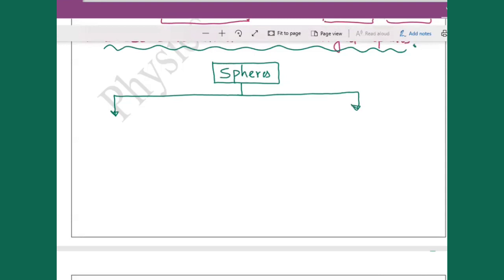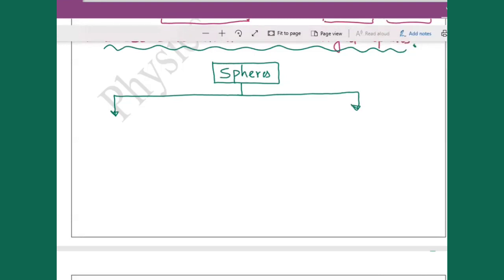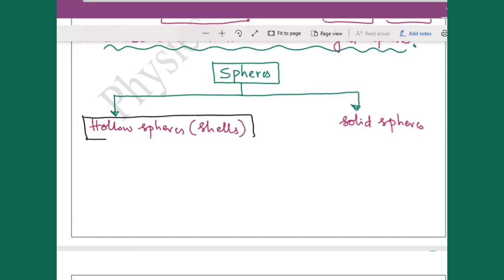The first one is hollow spheres, or we can call them shells. Hollow spheres or shells. Next, solid spheres. So hollow spheres or solid spheres. This is broadly classified into two types.